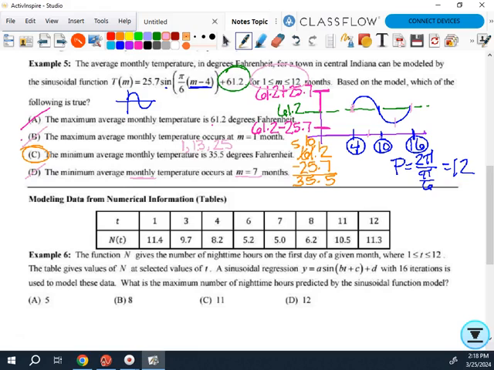Now, if we really wanted to look at 1, we can do that as well. But to me, that's a little bit easier, just understanding how the period works. But if we wanted to look at 1, here's something else we know. The distance here is 6. The distance here is 6, right? So every time I hit a 0 on the midline, it's 6 more. So that means this is going to come down, and I'm going to get this piece basically.